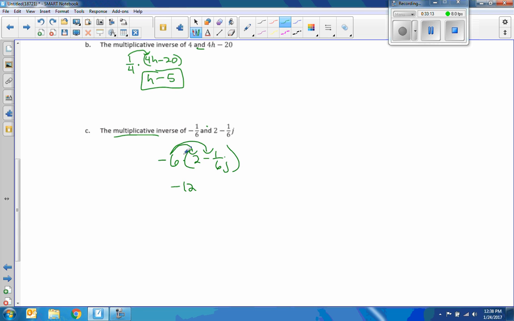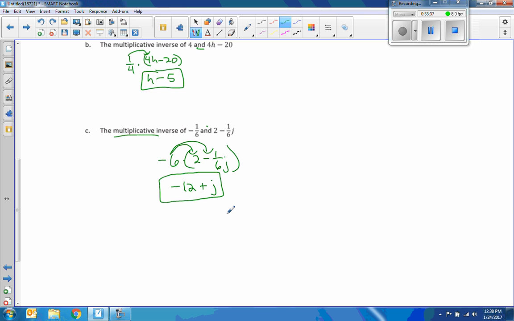Okay, now I'm going to multiply the negative 6 times the second term. Negative times a negative is positive. 6 times its reciprocal or inverse is the identity 1. I don't need to write it because 1 times j is simply j. So once we start doing this, we can cut corners a little bit by not showing all the steps with the 1 in front of the j and then getting rid of it.